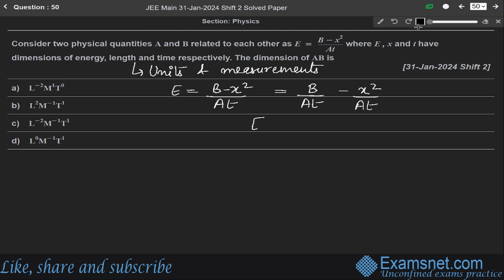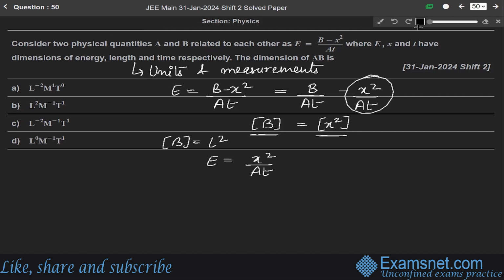So whatever be the dimension of B will be the dimension of x square, or we can say whatever be the dimension of x square will be the dimension of B. So from this, the dimension of B will be L square. Okay, and E is equal to x square over A t.